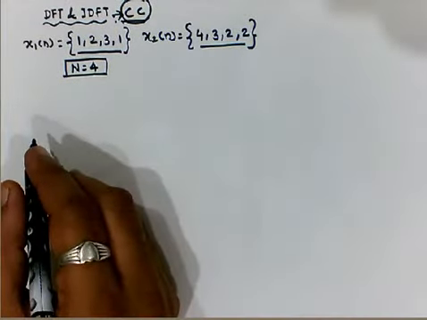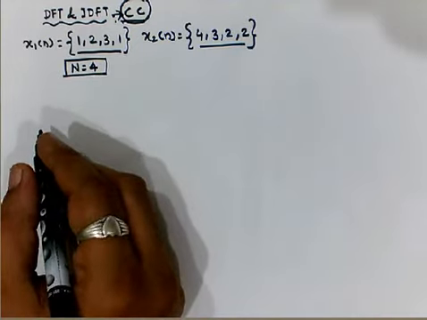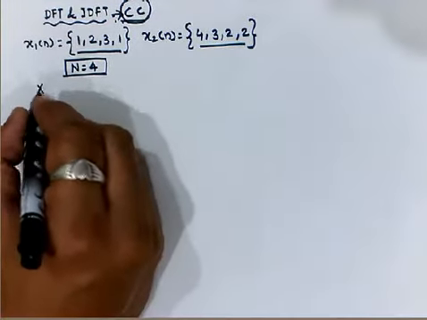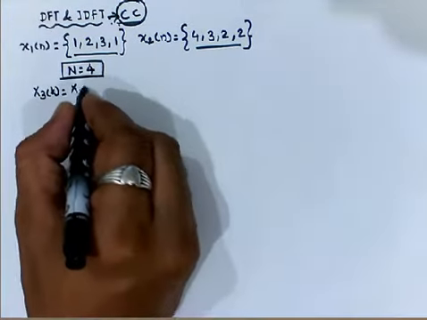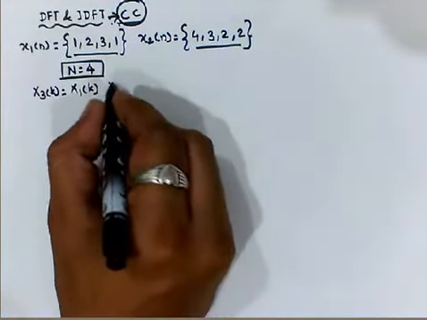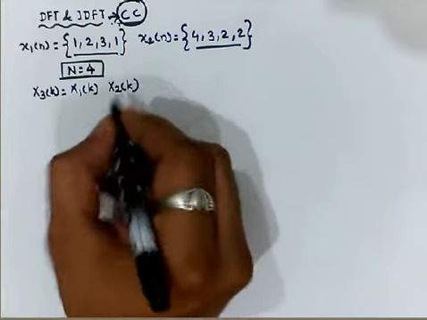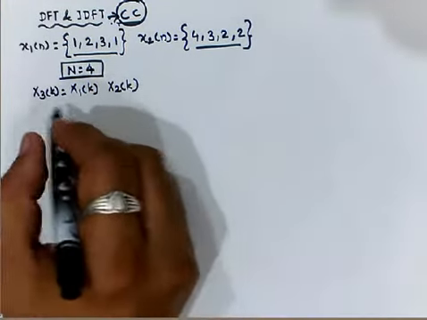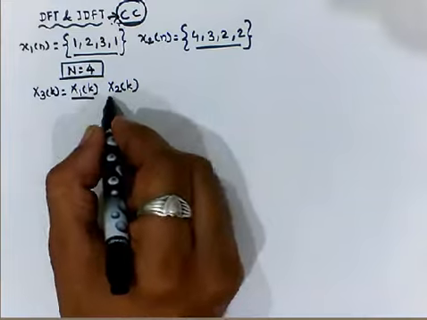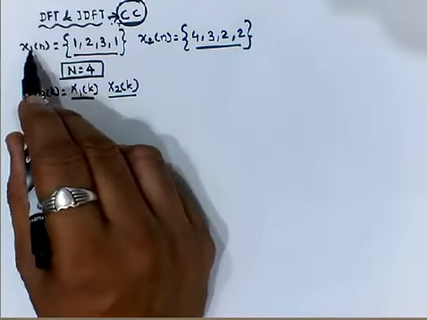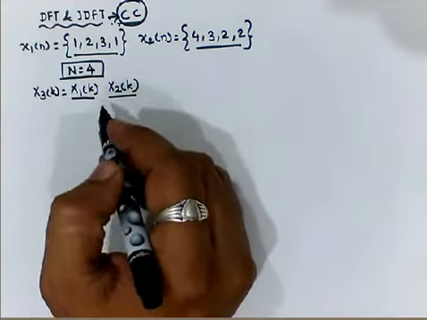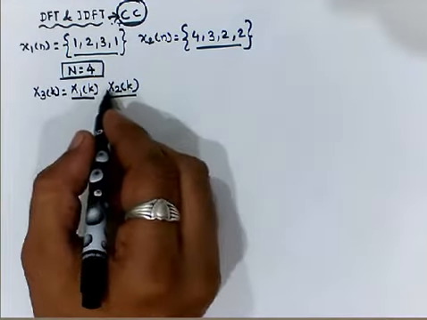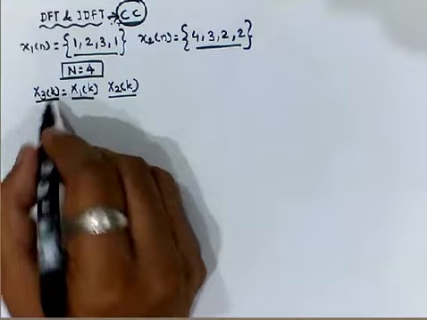For calculating with the 4-point DFT IDFT approach, the equation for x3 of k is equal to x1 of k into x2 of k. Here x1 of k is nothing but the DFT of x1 of n, and x2 of k is nothing but the DFT of x2 of n. Once we get these two DFTs, multiply them to get x3 of k.